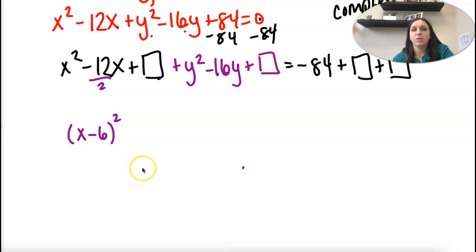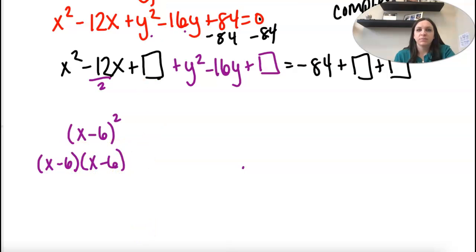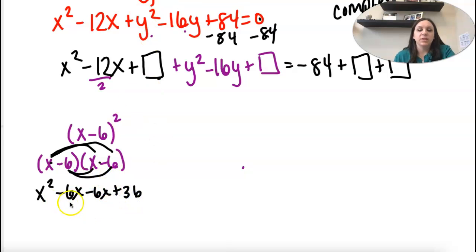And I want you to think about what that means, as we learned in our last section. That means (x minus 6) times (x minus 6). If I were to FOIL this out, multiplying using the distributive property, I would get x squared minus 6x minus 6x plus 36, which would combine to negative 12x.